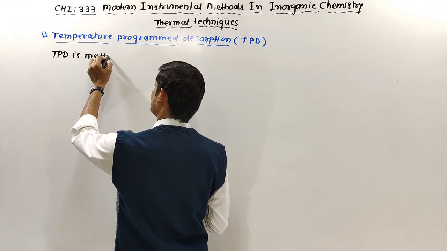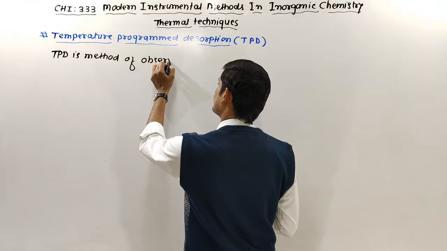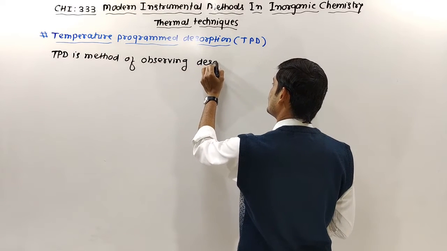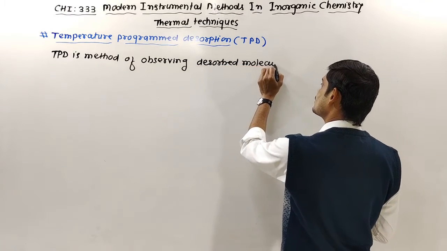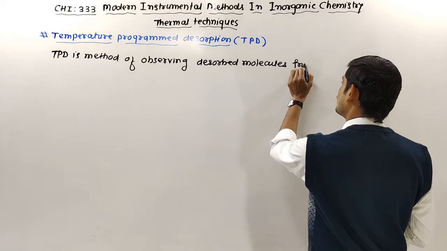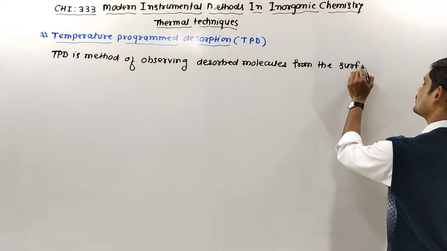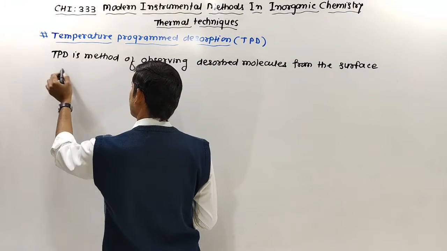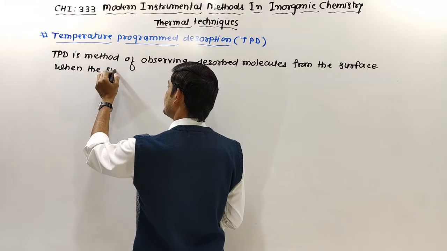So TPD is a method of observing desorbed molecules from the surface when the surface is heated.